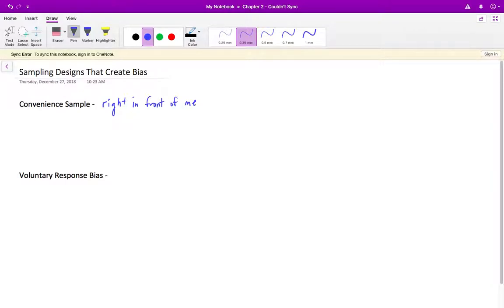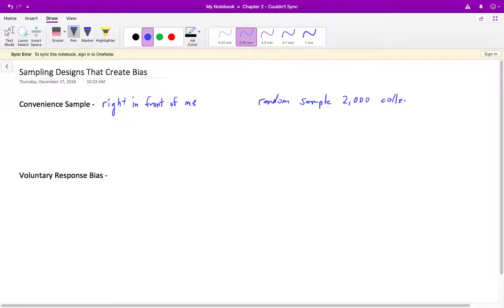So if I were to try and figure out the opinion of college students and their likeliness to watch the movie Bird Box, I could sample a random sample of, we'll say, 2,000 college students nationwide, from all 50 states.